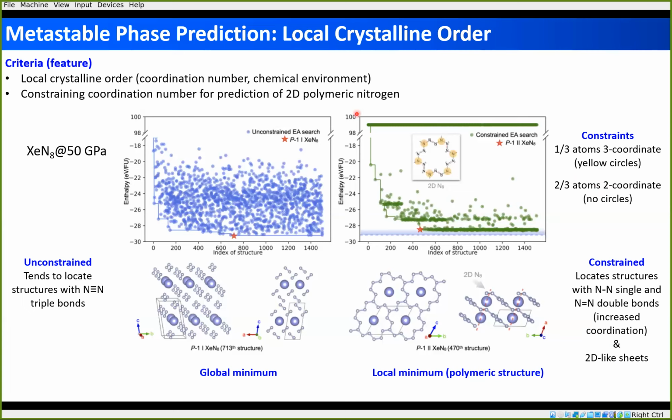And we specify the ratio of 3 to 2 coordinate nitrogens that we are keeping in our breeding pool, we end up finding that this structure comes out as being the most stable, as denoted here by the star, and it is definitely not quite as stable as this XeN8. So this is just an example of how you can use these geometric constraints to target this system in the crystal structure search.